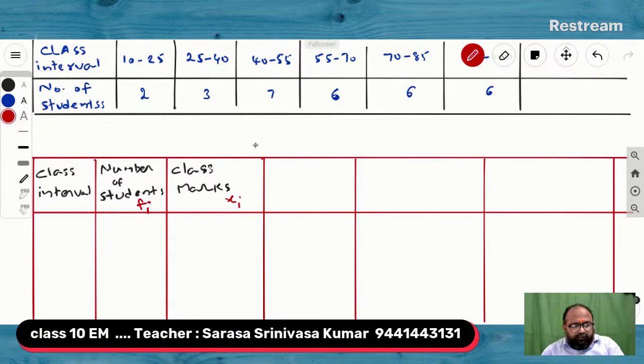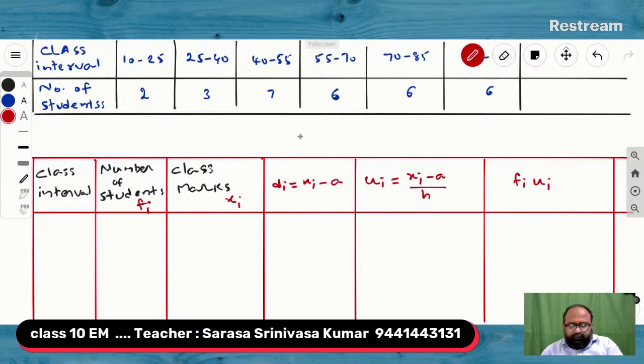Next, deviation, di equal to xi minus a. Next column is ui equal to xi minus a by h. Next column fi ui.